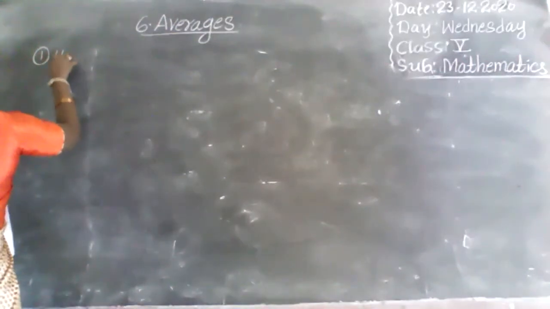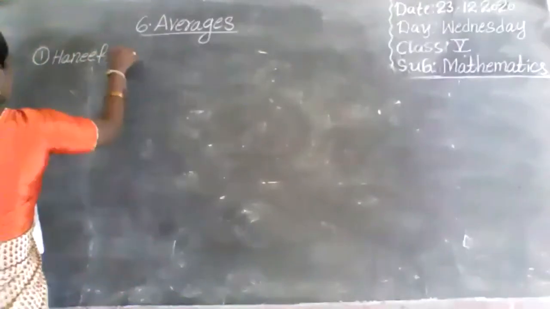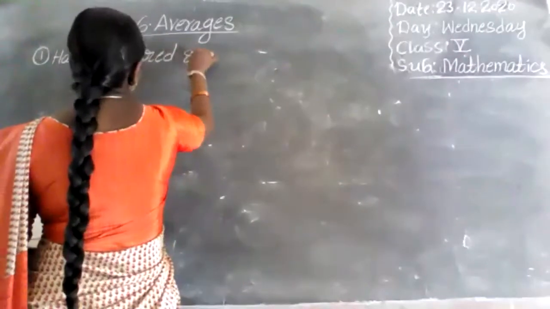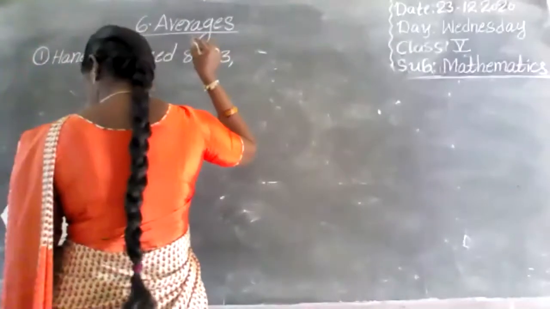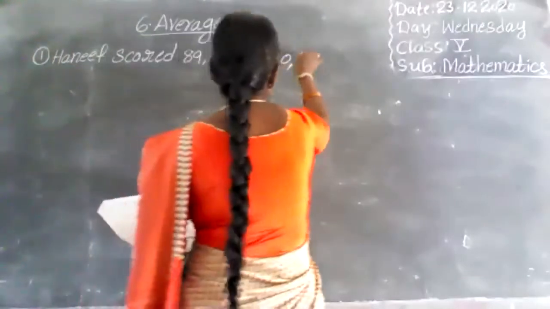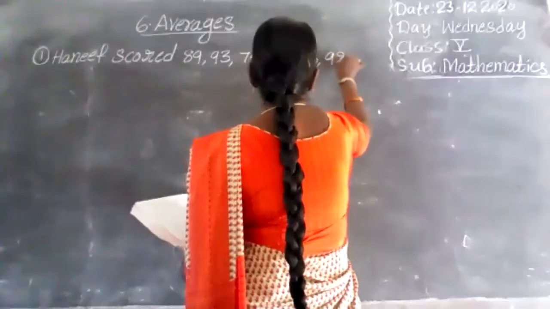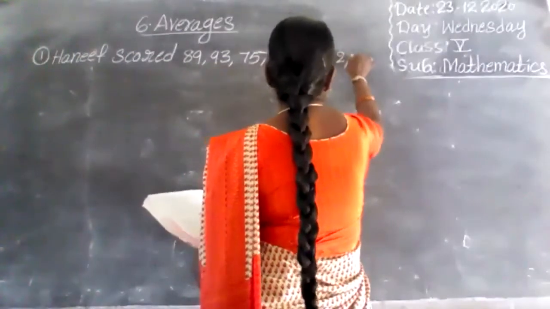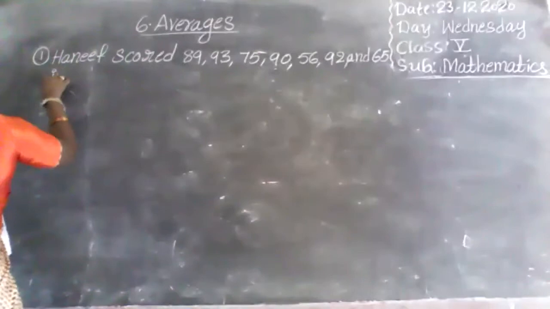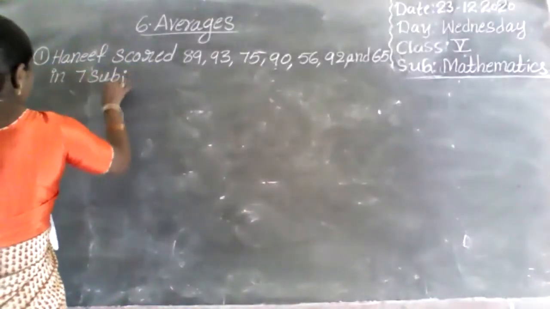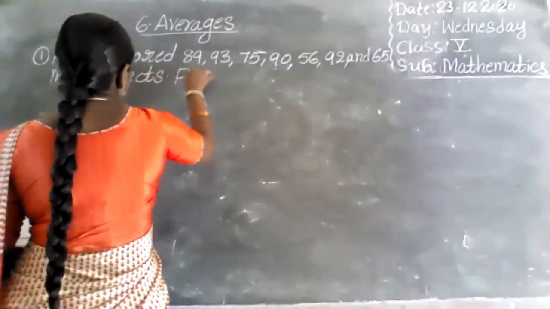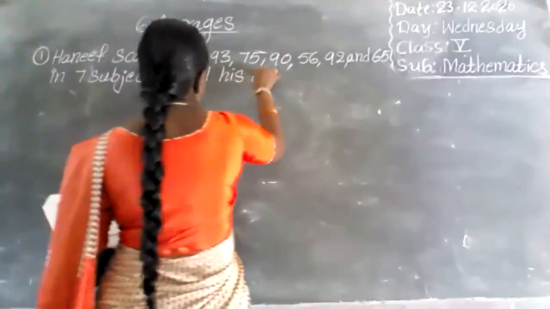Hanif scored 89, 93, 75, 90, 56, 92 and 65 in 7 subjects. Find his average marks.